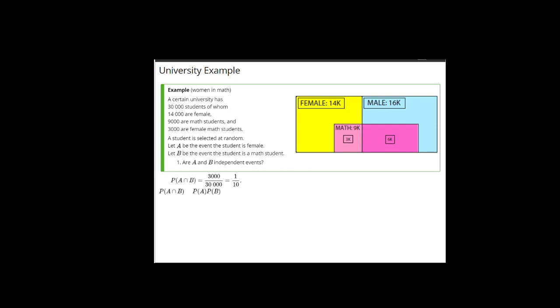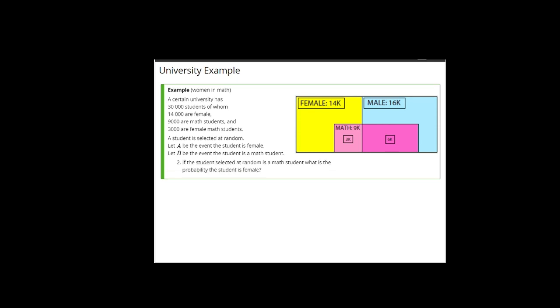On the other hand, the probability that the student is a female, the probability of the event A, is equal to 14/30. And the probability that the student is a math student, the probability of the event B, is equal to 9/30. P of A intersect B, in this case, is not equal to P of A times P of B. And so these 2 events are not independent, they are dependent.